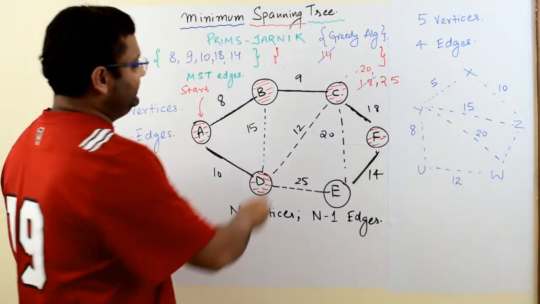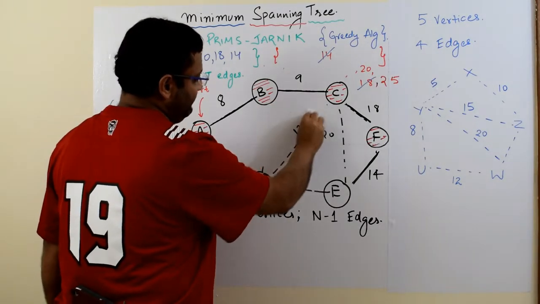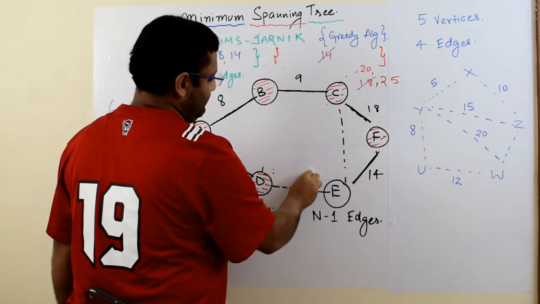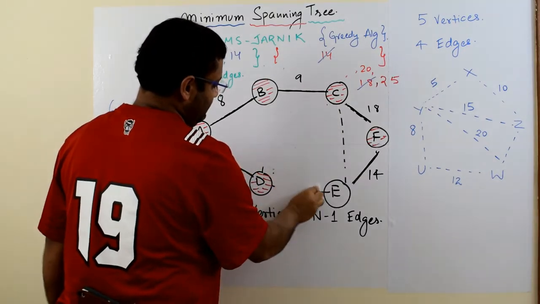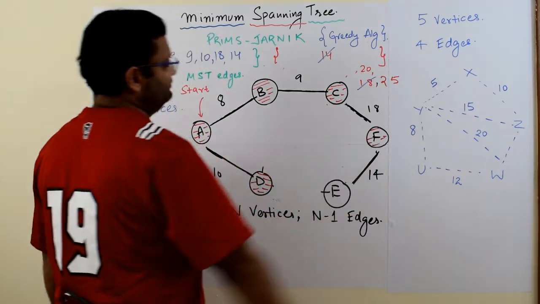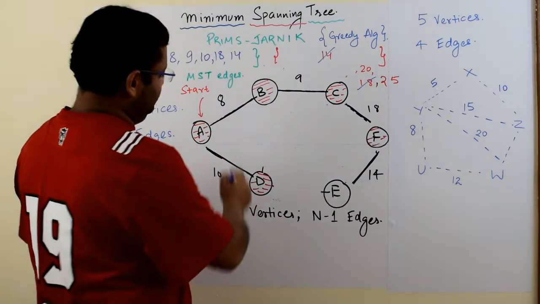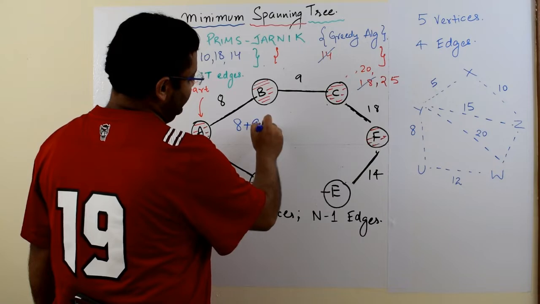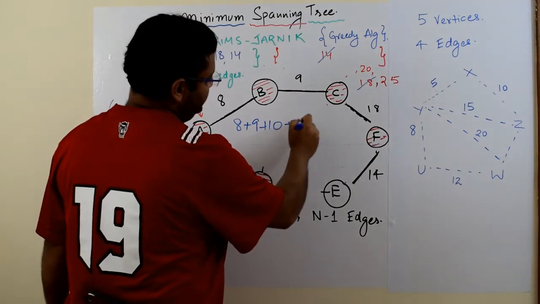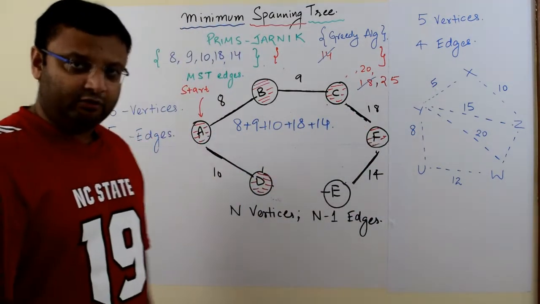I can remove all the other edges. Now what will be the cost of this spanning tree? Simple, it's 8 plus 9 plus 10 plus 18 plus 14. I hope this is clear to you.